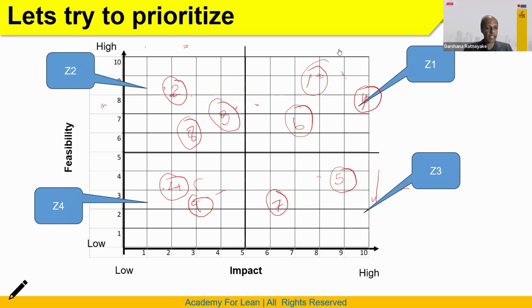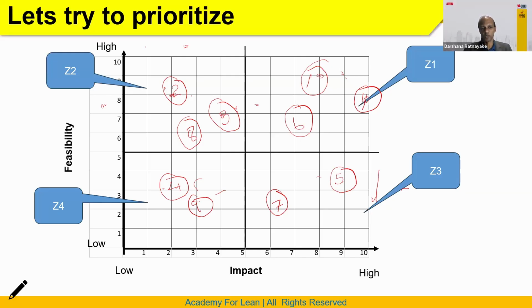Zone 2. It's very easy, less impact. Okay, zone 2. Any other ideas, please? You can type if you cannot switch on your mic. Isuru said zone 1. Some people say zone 2.